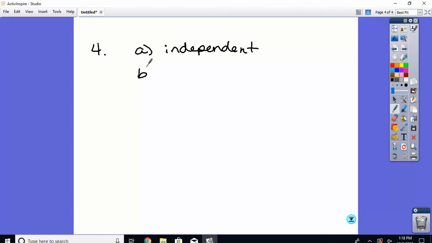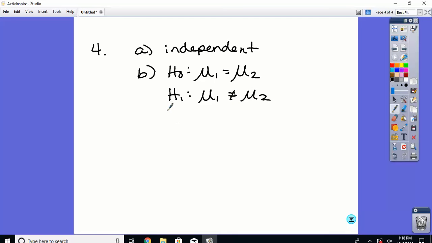So if they're independent, your null hypothesis is what? Mu1 equals mu2. Alternative is mu1 not equal to mu2. We are trying to see if they are different. Okay.